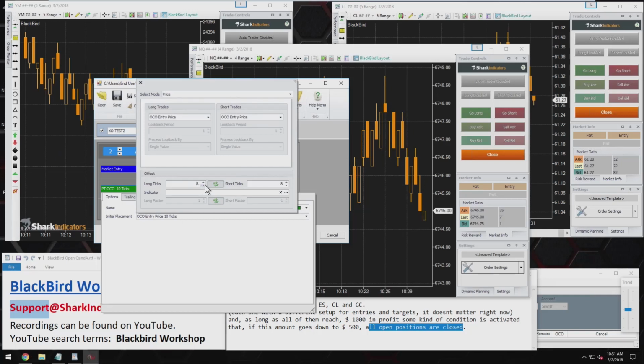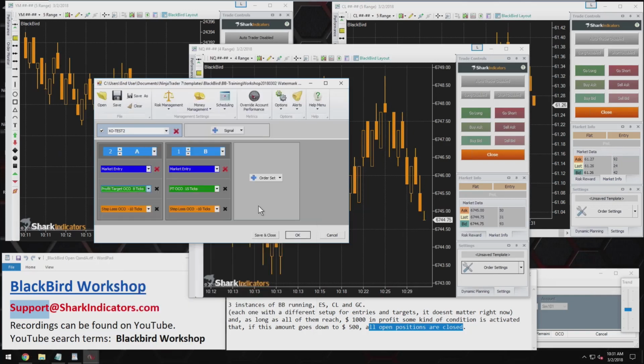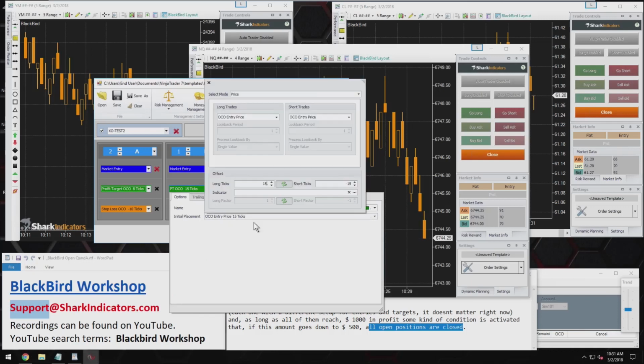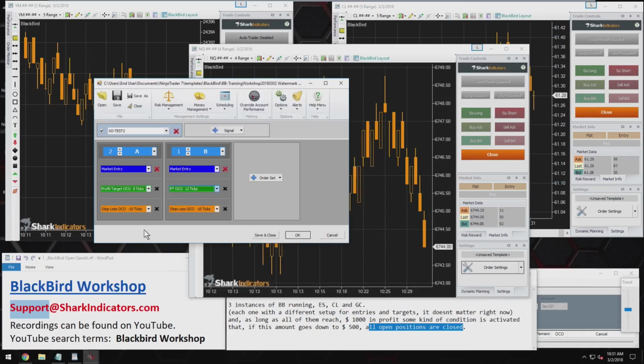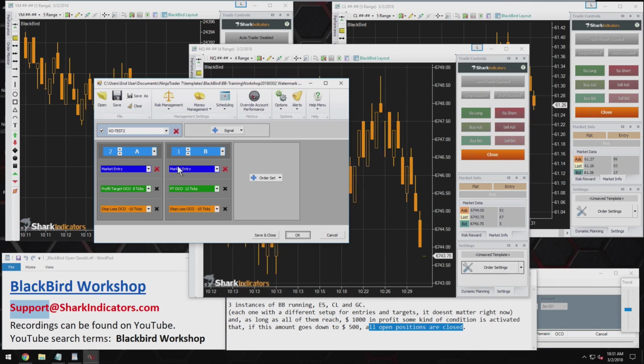Let's knock this down to 8 ticks, for example, on the NQ, and I'll knock this last one down to 12 ticks, for example. So your order sets can be different, and your BloodHound signals can be different across all the different Blackbirds, right?